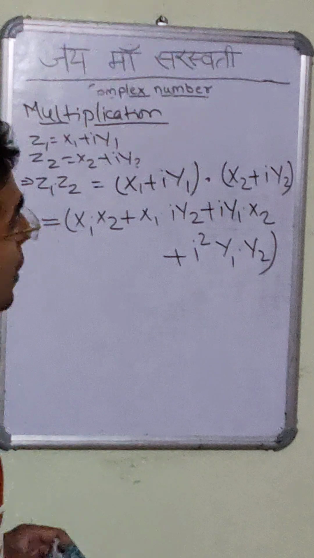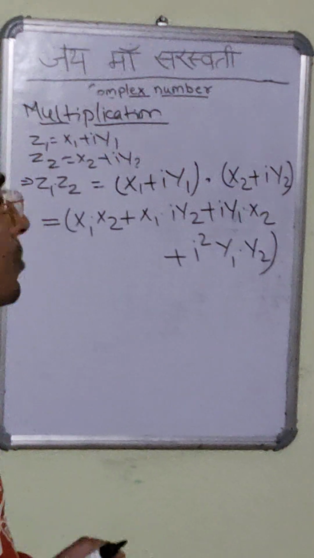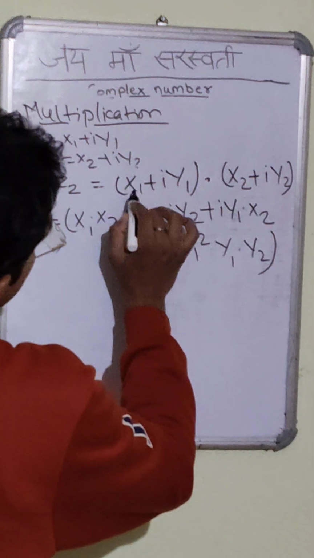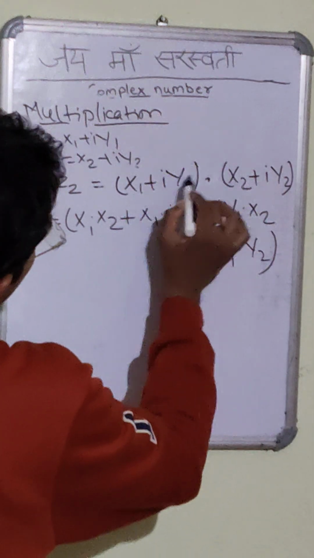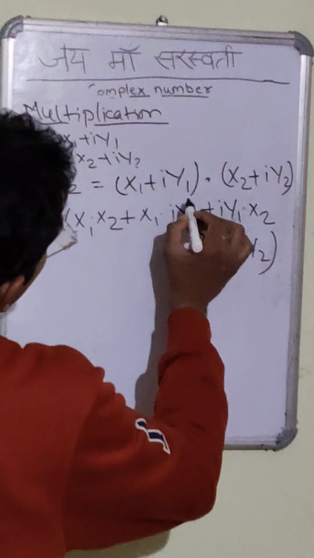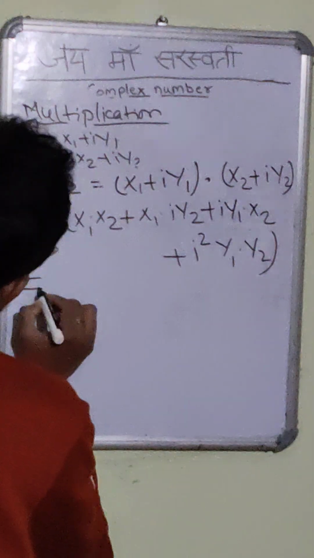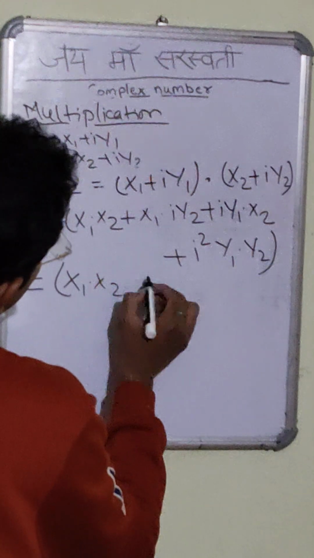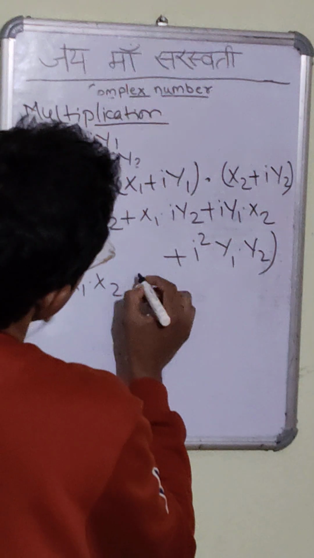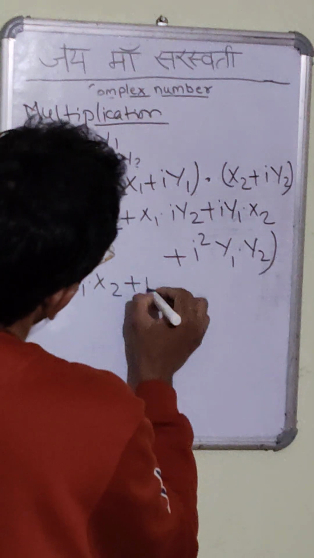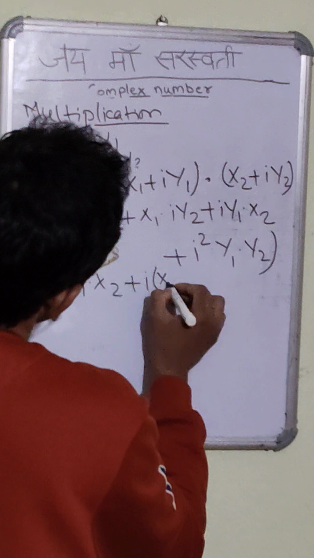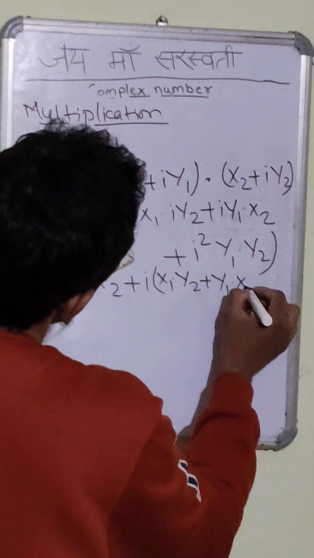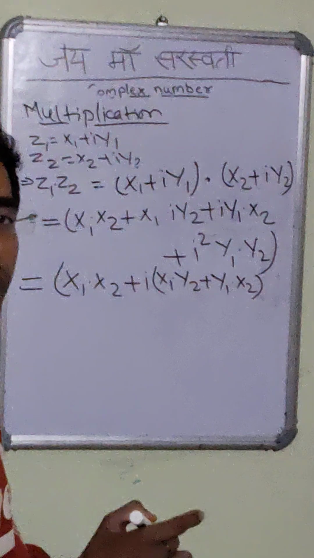Whenever we are multiplying, we will be using the basic principles. So x1 into x2 plus x1 into i y2 plus i y1 into x2 plus i square y1 into y2. So it is basically x1 into x2 plus, we will take i as common, x1 into y2 plus y1 into x2, and i square is minus 1.